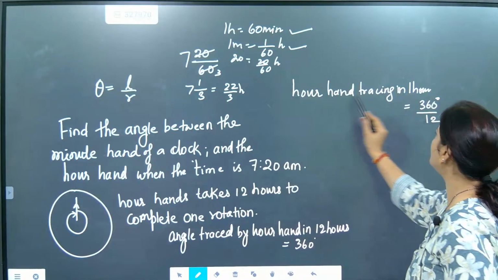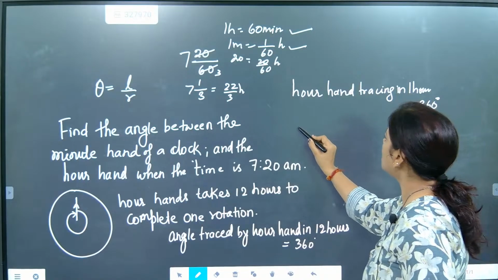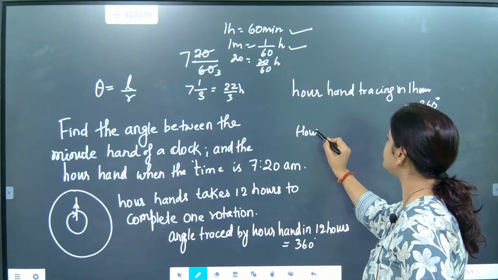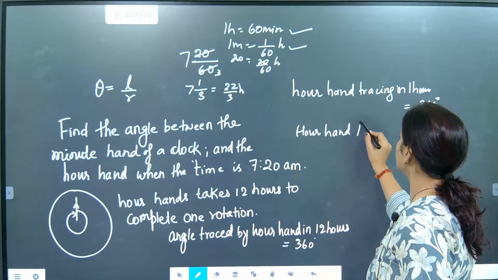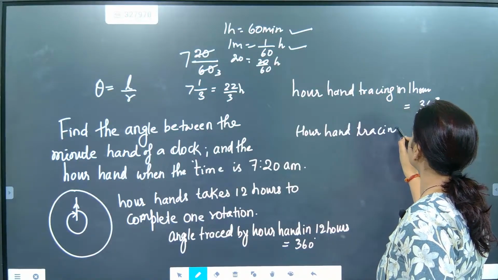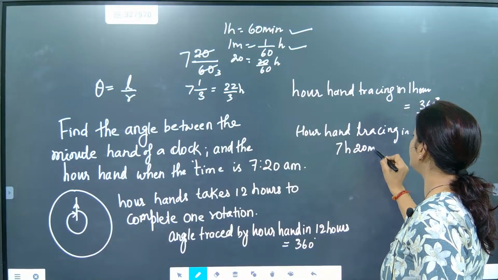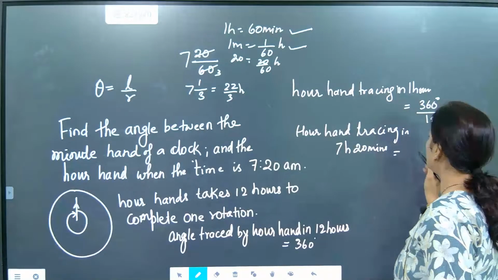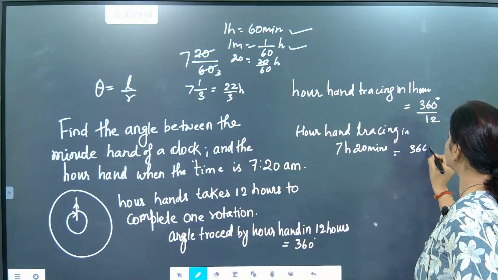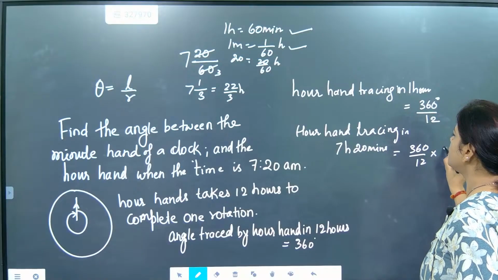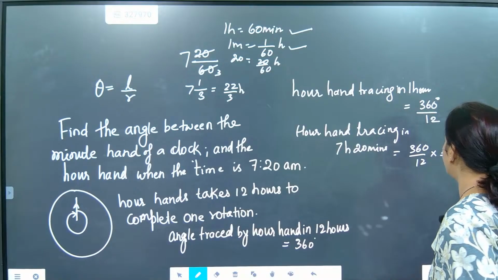Now, the hour hand tracing in 1 hour is 360 by 12, so the hour hand tracing in 7 hours 20 minutes will be equal to 360 by 12 into 22 by 3. Okay, beta.